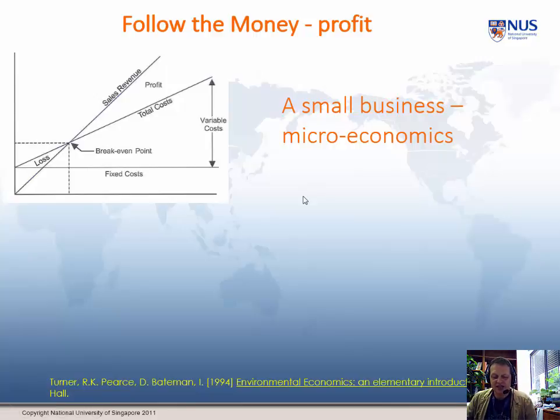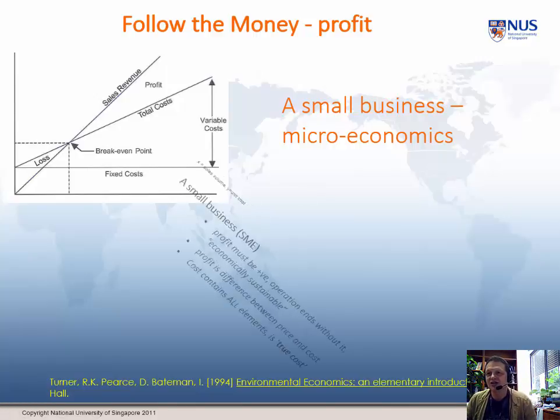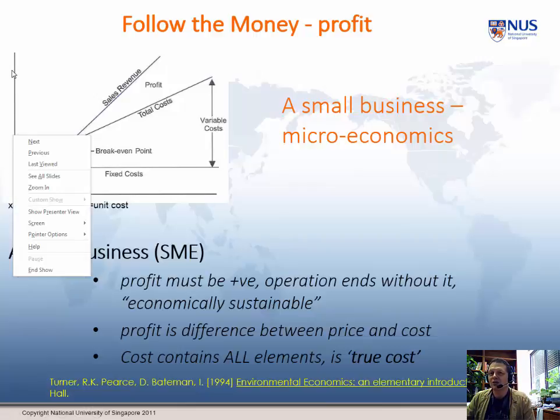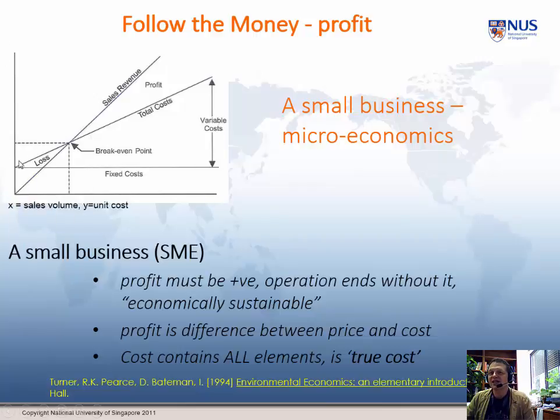What I'd like to do is look first at this graph fairly carefully. Your x-axis is sales volume, how many cookies you make, how many tons of cumene you make, whatever, and the y-axis is the unit cost, how much it costs. Now, okay, let's start with costs, which is this line.